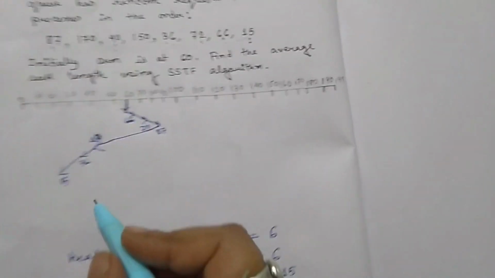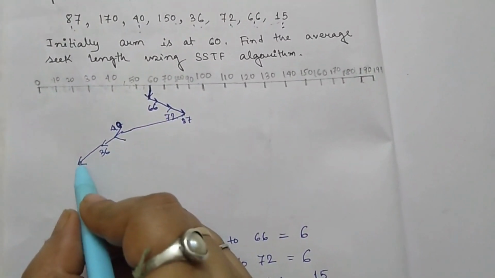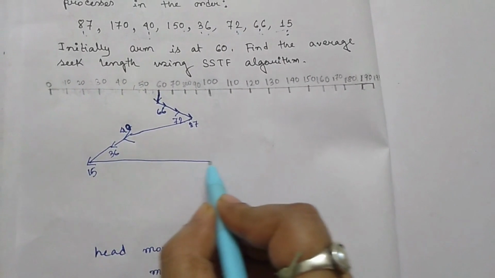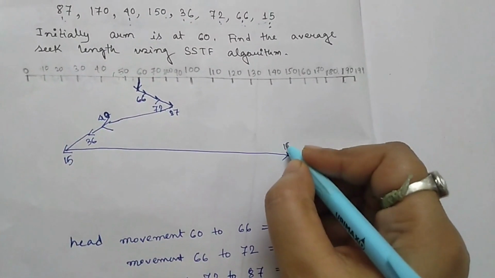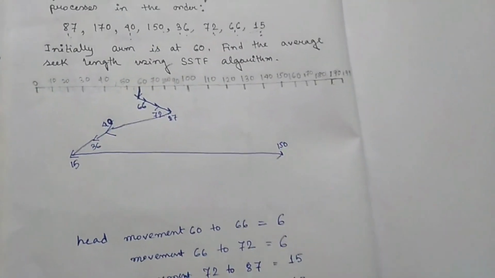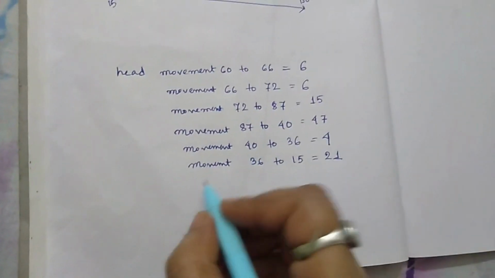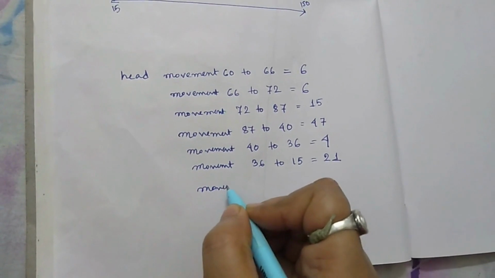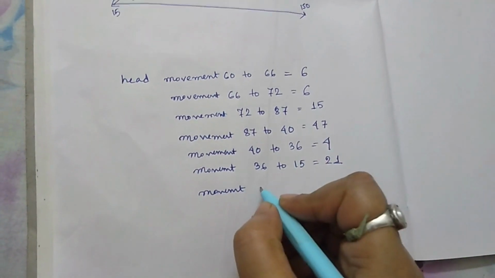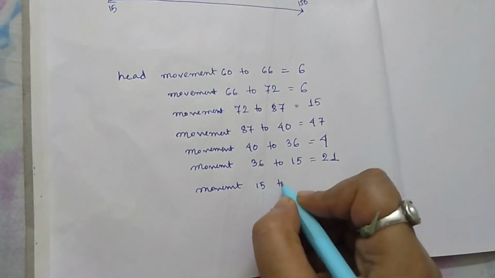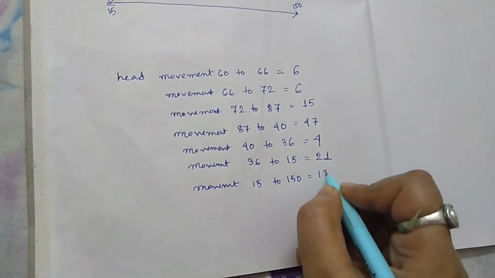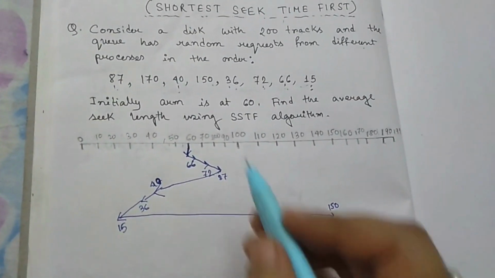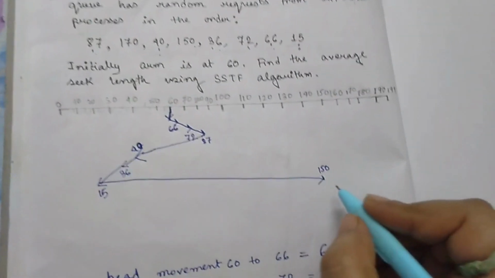That's why we have to move to this job, 150. Okay, so the movement is 15 to 150 and the gap is 135. So the next nearest job of 150 is 170.